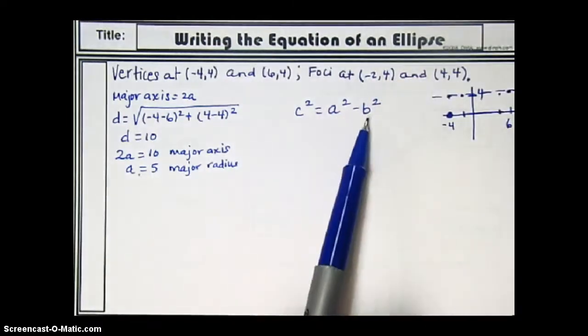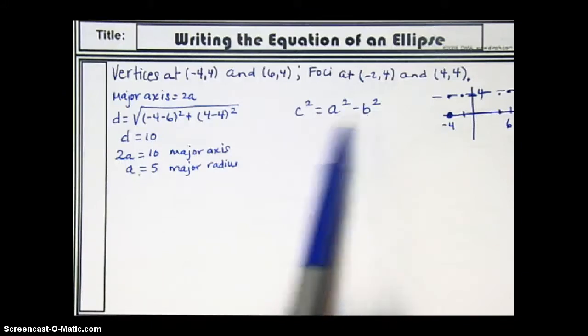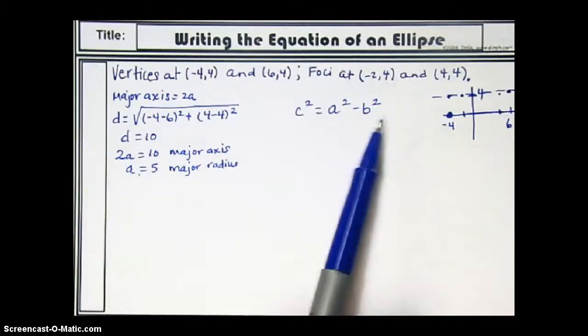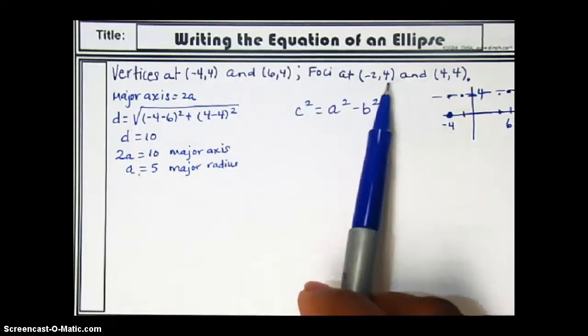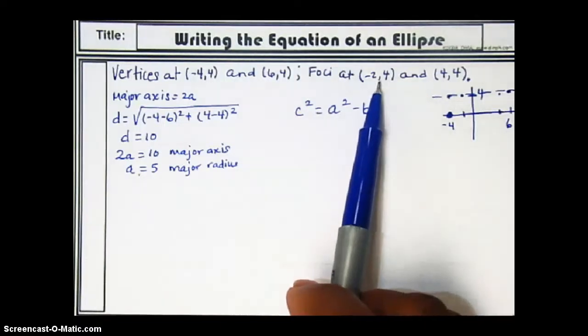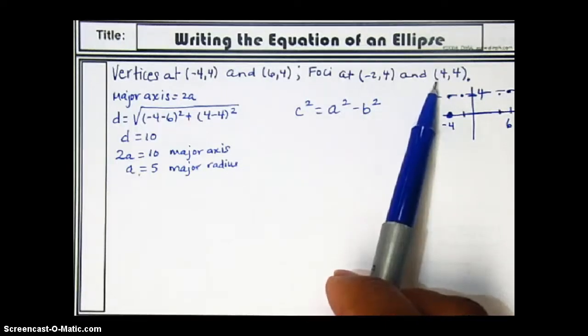B is the length of the minor radius, so I will need a and b in order to write this equation, but I'll need to find c to help me find b. So what I'll do is take the information that I've been given for the focal points and find the distance between those, which is 2c, and take half of that, which will help me find c.